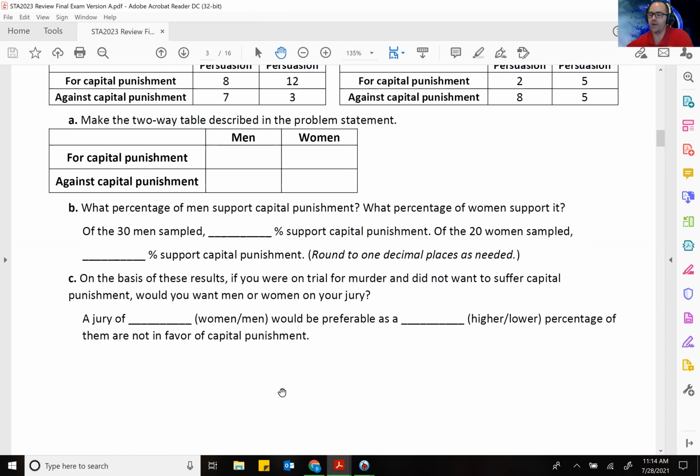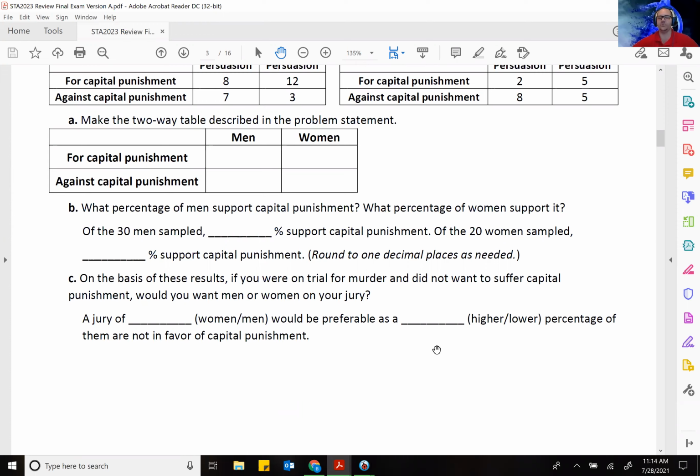Okay, so a jury of women would be preferable, as a higher percentage of them are not in favor of capital punishment. Higher. You got it. A higher percentage of them are not in favor of capital punishment.